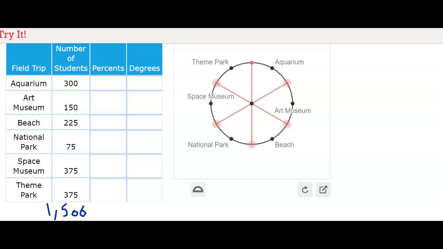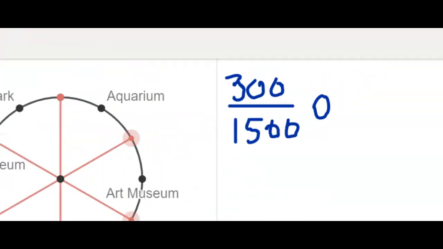And so we're going to find the percents for each field trip. So we are going to put 300, the students that went to the aquarium, over the total number of students, which is 1,500. And you're going to divide, and that's going to give you 0.2, and that's going to be equal to 20%.